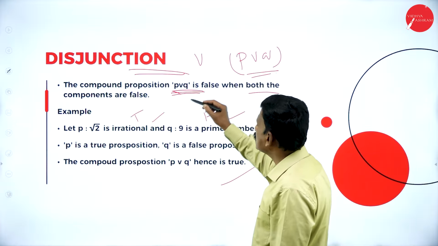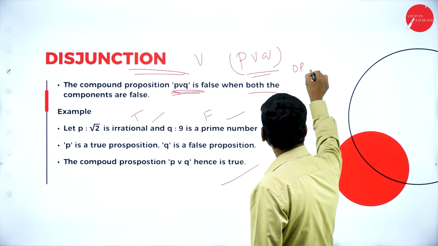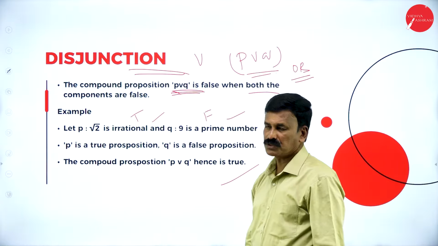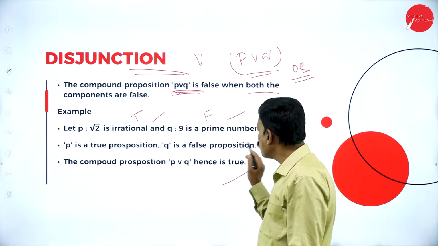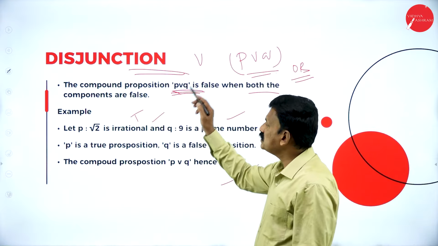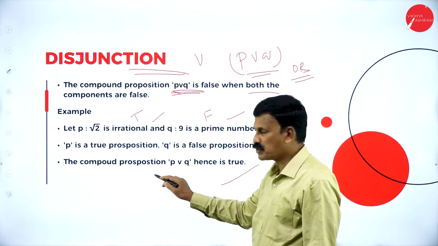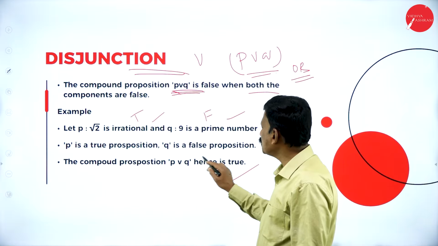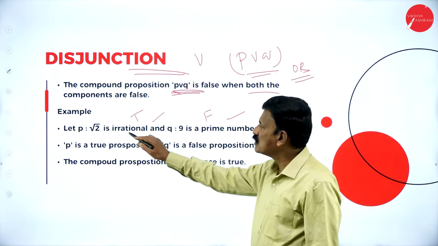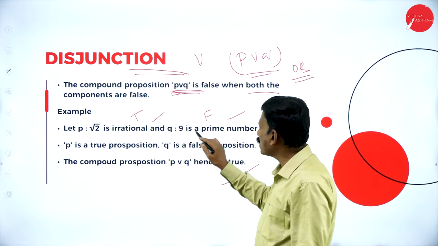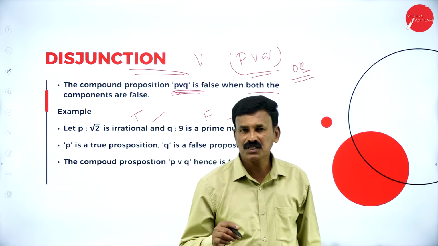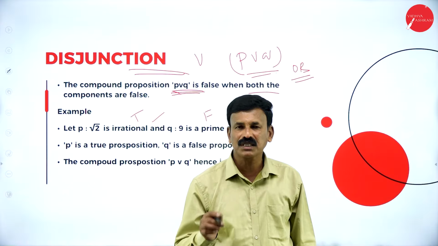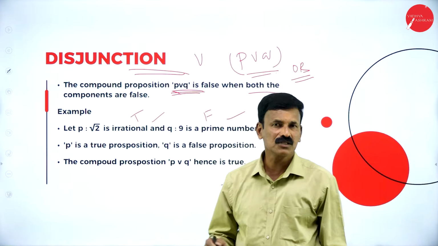Because for this disjunction we use P or Q. The first one is true and the second one is false. Therefore, the disjunction of true and false is again true.